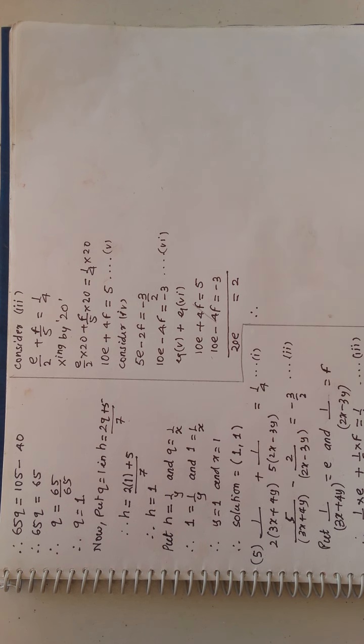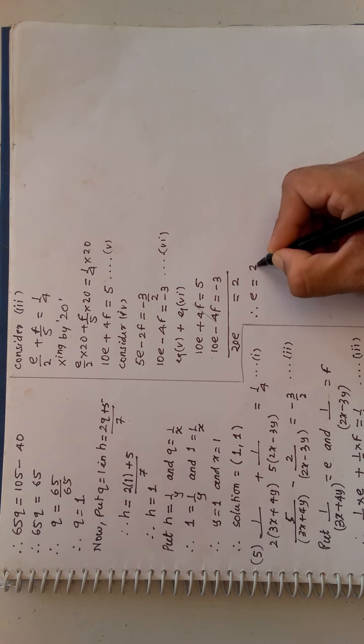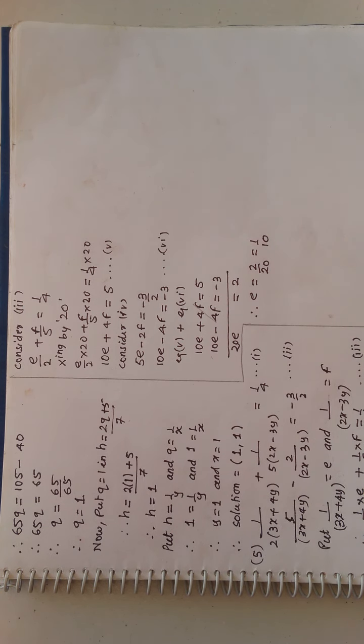So between 20 and e is multiplication, your answer will not be 10. Your e value will be 2 by 20. That is nothing but 1 by 10. So e is your 1 by 10.